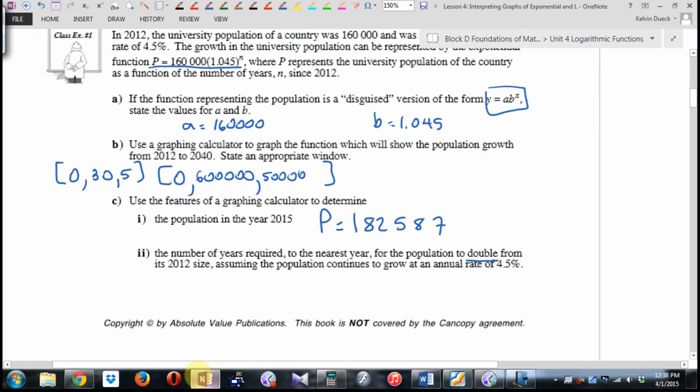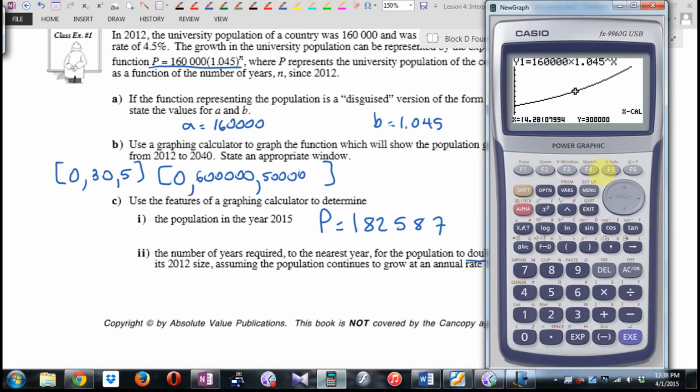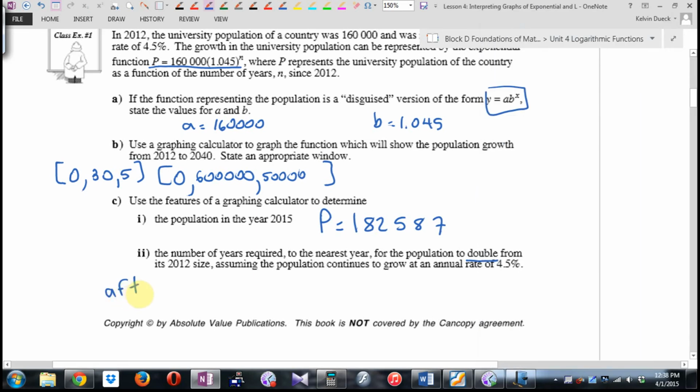Now, back to our notes. Let's actually answer this question. So we said doubling, G-solve, arrow sideways, X calculation. Doubling was 320,000. And we said that's going to happen after 15.7 years. Wait a minute. It said to the nearest year, after 16 years.